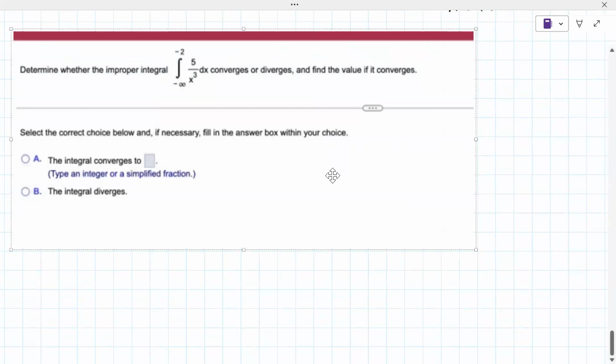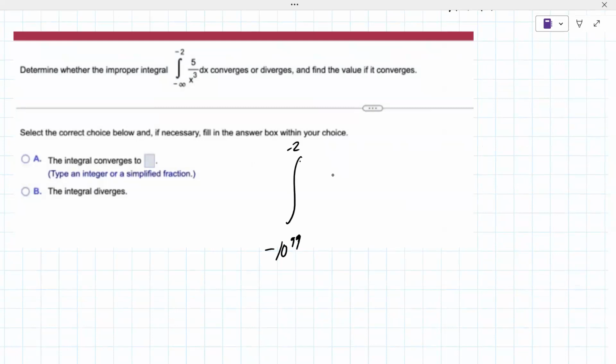That was important. This time it would be negative 10 to the 99, the equivalent of negative infinity, and then 5 over x cubed dx. If you think that'll crash it, use a smaller value like negative 10,000. It's possible this one will diverge.